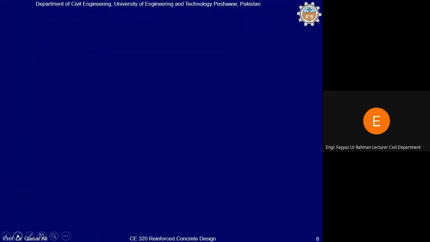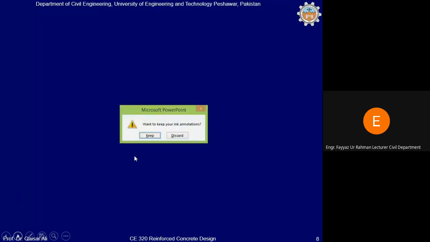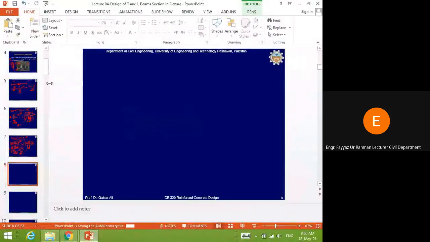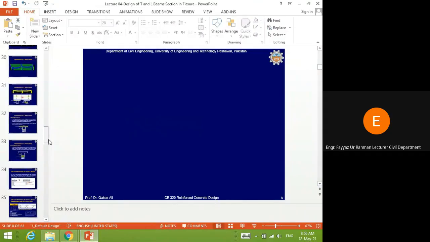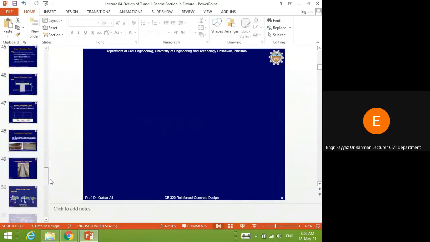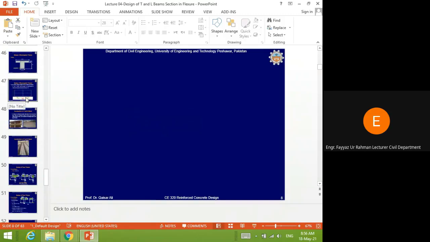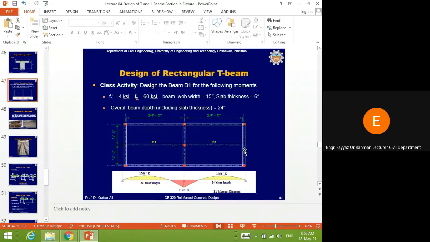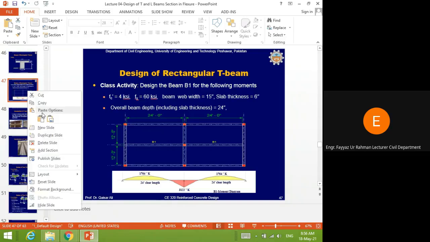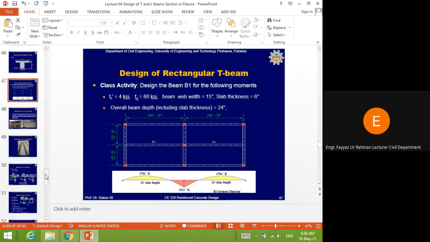अच्छा, अब इस पर एक क्लास एक्टिविटी कर देते हैं. आप खुद इसको डिजाइन करें. अच्छा, ये आपके पास एक क्लास एक्टिविटी है.